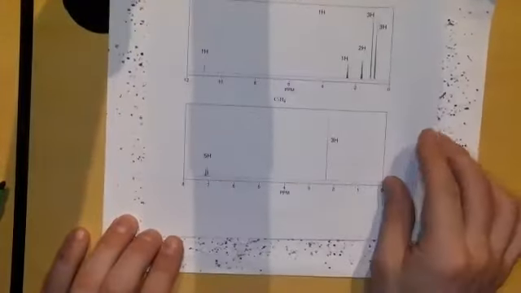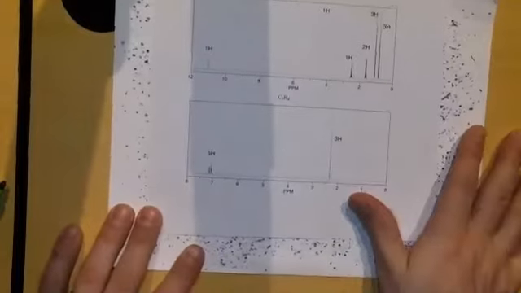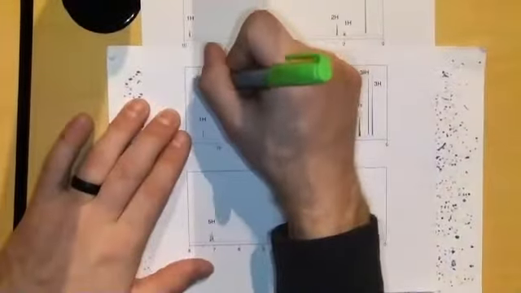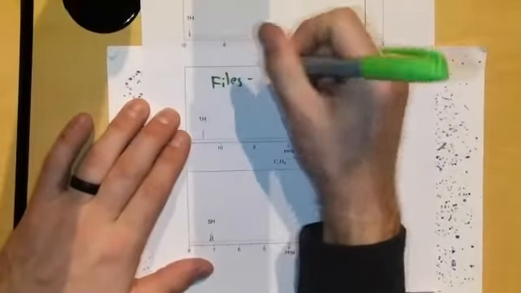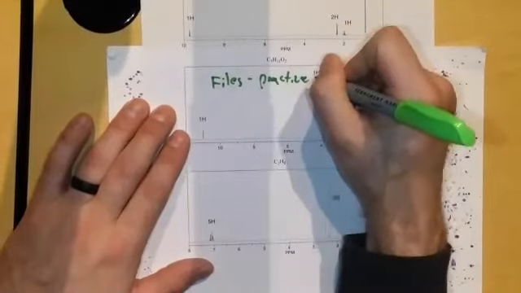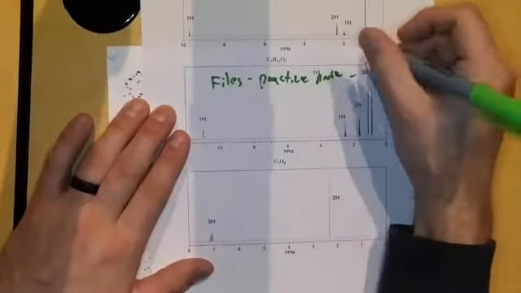All right. So let's take a look at some NMRs. I'm going to start off with the NMR packet that we did around chapter 1. So this is going to be under files, practice problems, and exam 1.